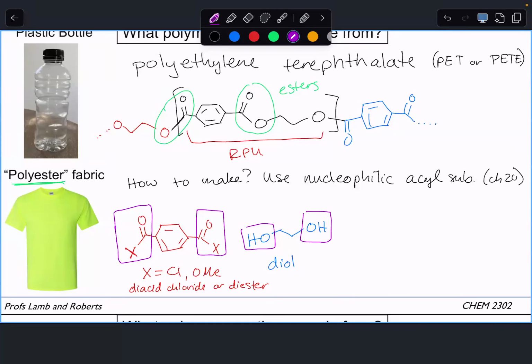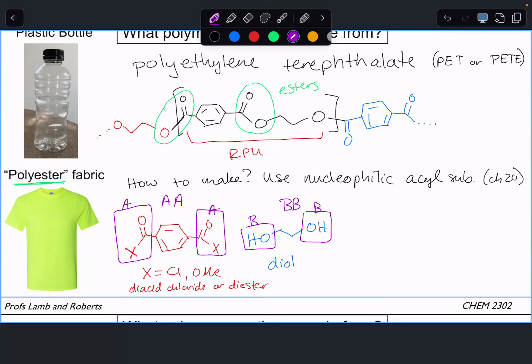It's the same functional groups that we've talked about previously, we just have 2 of them. And so the diacid chloride or the diester, having 2 of the same functional groups, we often call this an A monomer, because we have 2 A functional groups. And then our diol is a different functional group, B, but there are 2 of them. So this would be a B monomer.